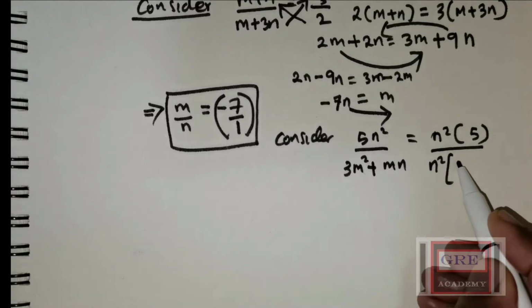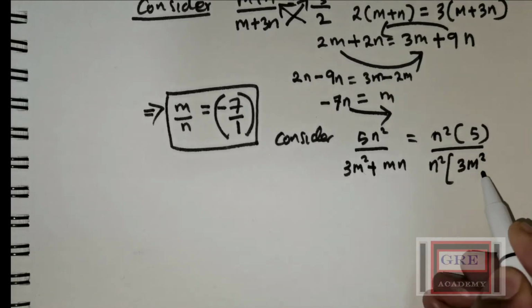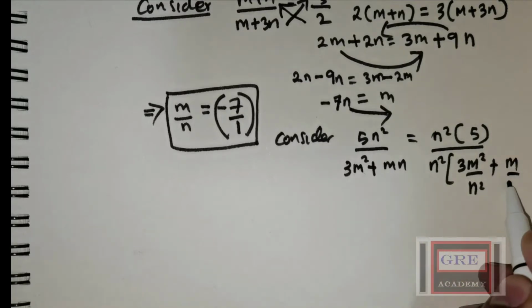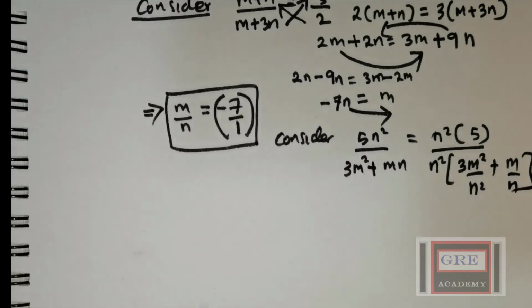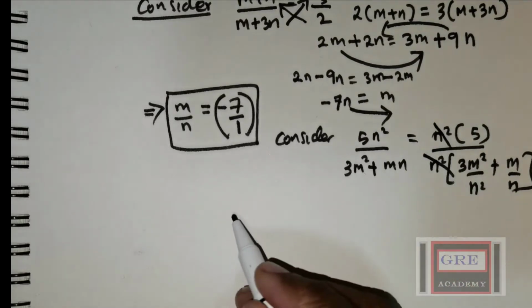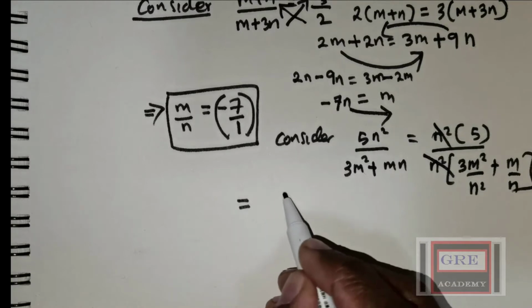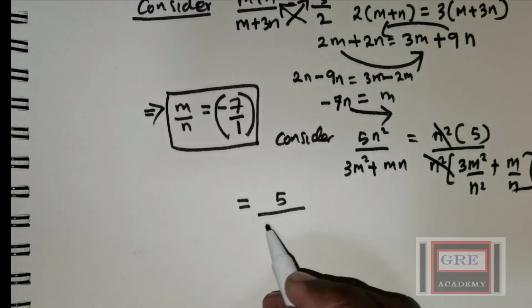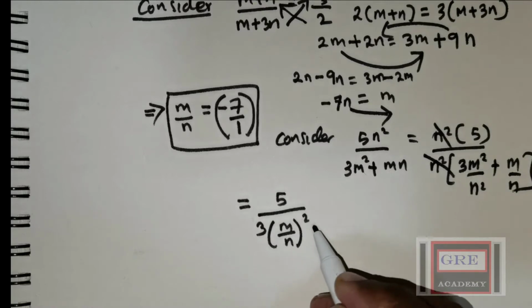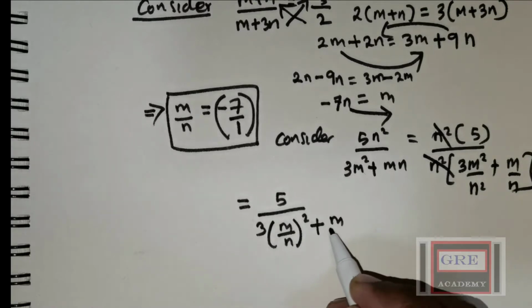Now if I were to take n squared out, clearly this is going to be rewritten as 3m squared divided by n squared, and this is going to be rewritten as m divided by n. So that is the catch there. Now these n squared can be cancelled, giving me 5 divided by 3 times m over n raised to the power 2 positive m over n.